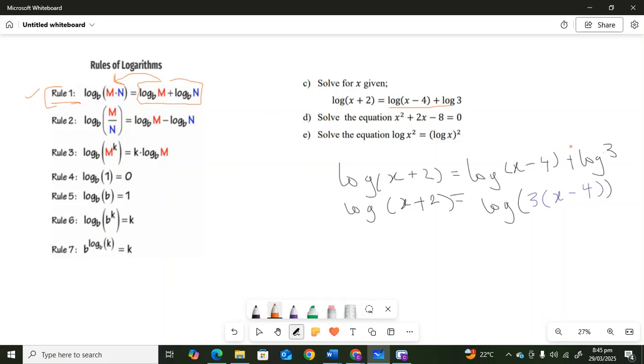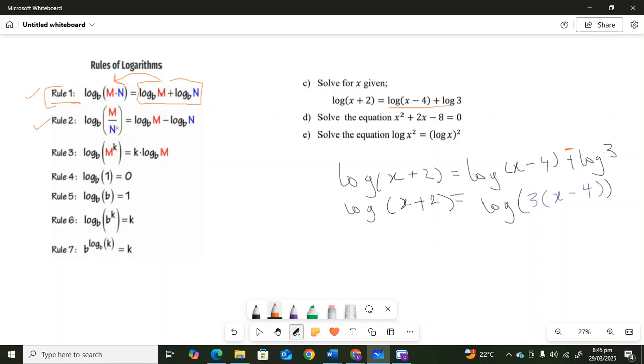If this was a minus sign here, we would have applied rule number 2, where we say log (x minus 4). We would have made it log (x minus 4) divided by 3.